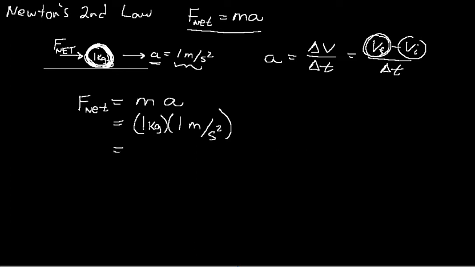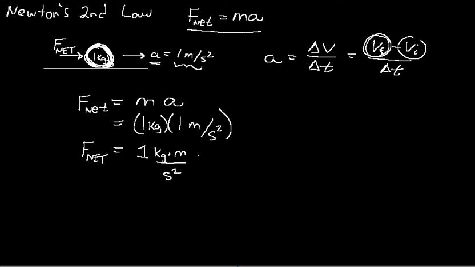What's 1 times 1? 1 times 1 is 1. Kilograms times meters is kilograms times meters. These are my units. The whole thing is divided by seconds squared. And that will be the net force required to move that 1 kilogram object, getting it going at an acceleration of 1 meter per second squared.